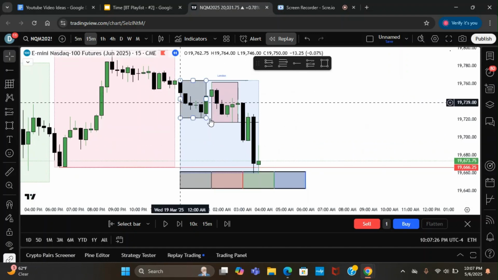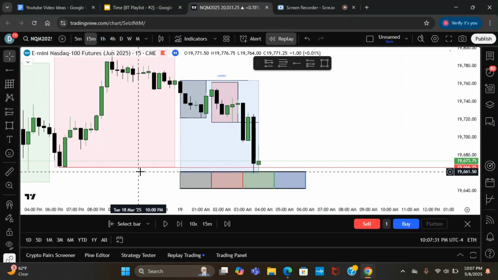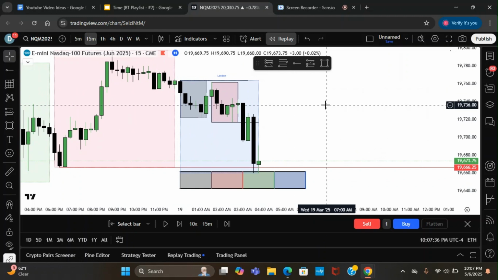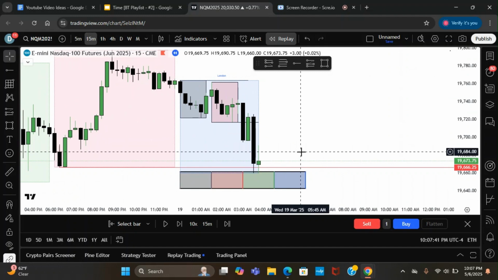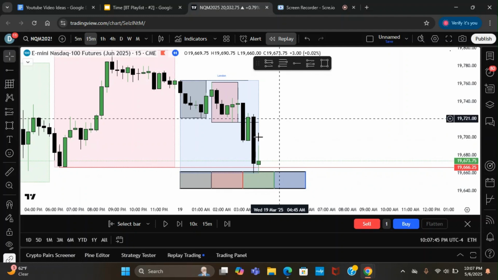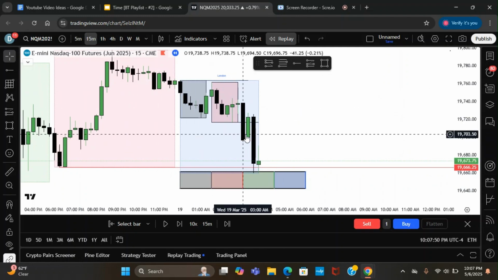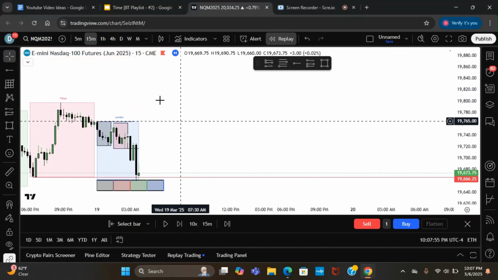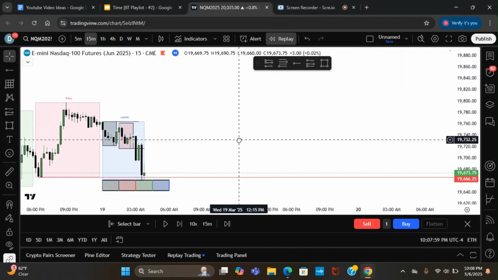So what happens on the higher time frame with quarterly theory is more important. The same way that with PD arrays, those are more important. A 4 hour fair value gap is always going to take precedence over a 1 hour, and so on and so forth. So that is the reason we experienced failure from this intersession perspective, but from the actual daily perspective, starting here, we've gotten exactly what we wanted so far.